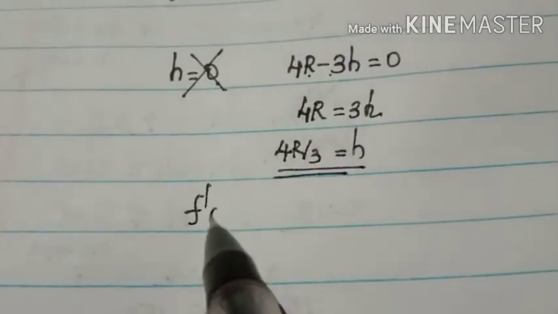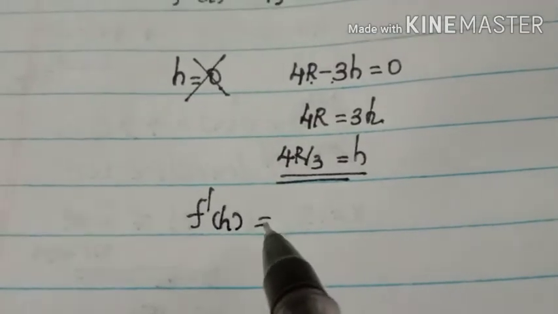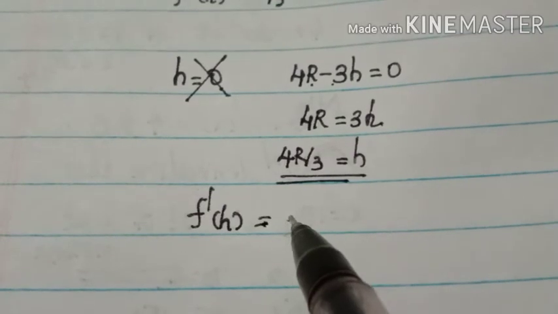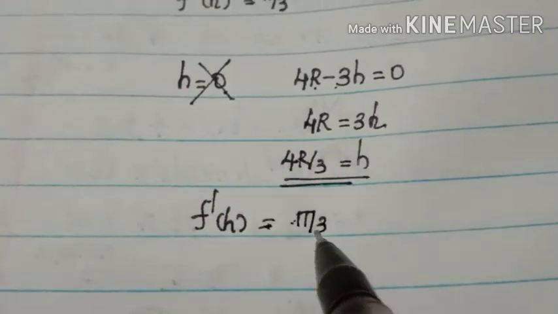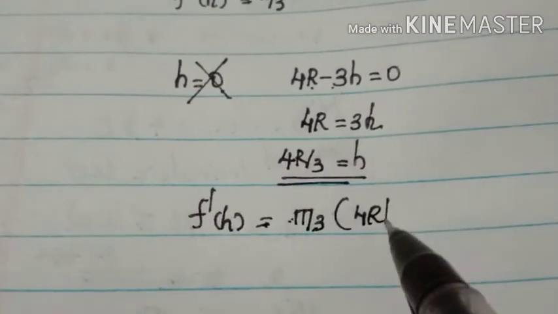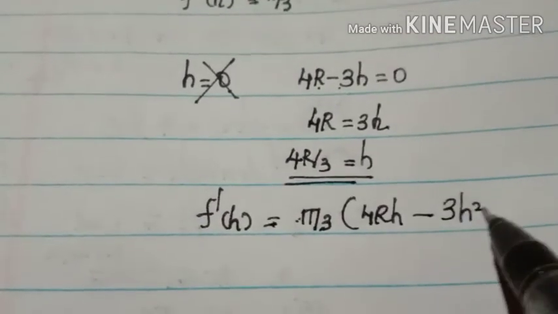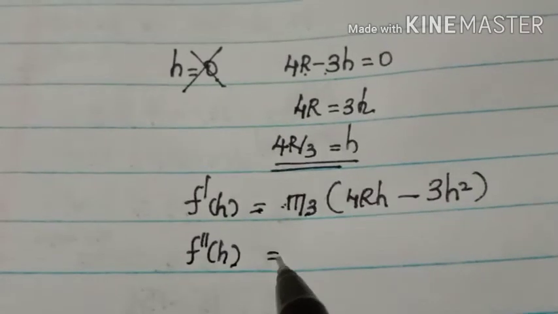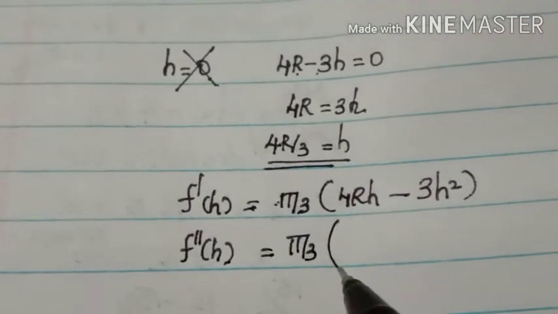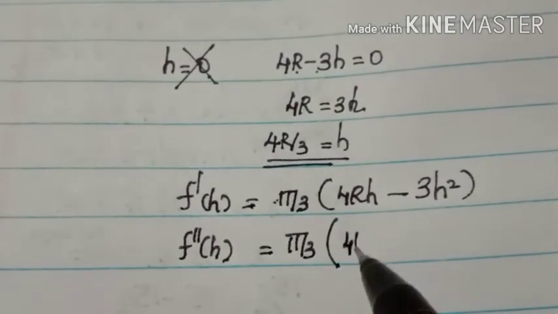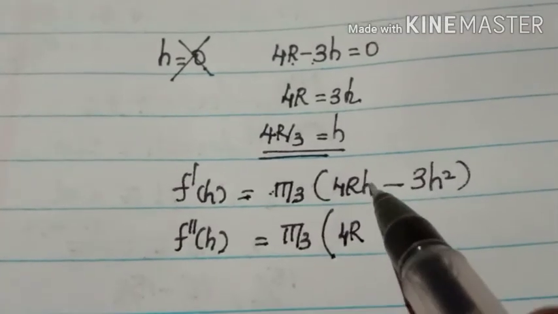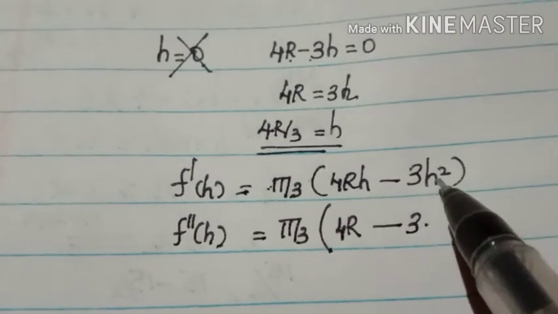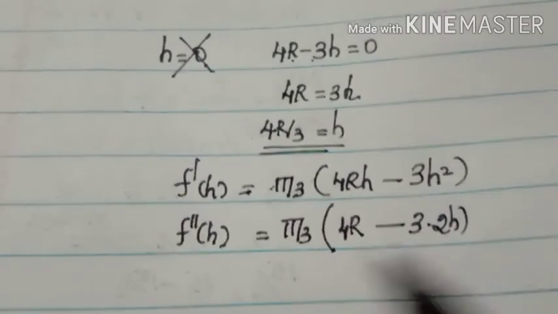Now see, we have f dash of h. We already defined f dash of h is pi by 3 into 4rh minus 3h square. So what is its second derivative? Pi by 3 is constant, 4r is constant, derivative of h is 1, minus 3 into derivative of h square is 2h.